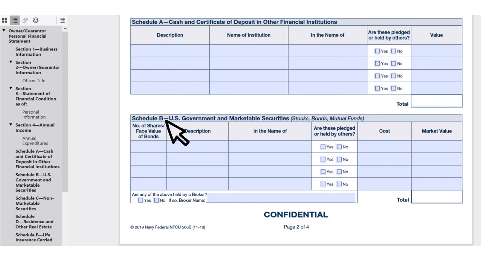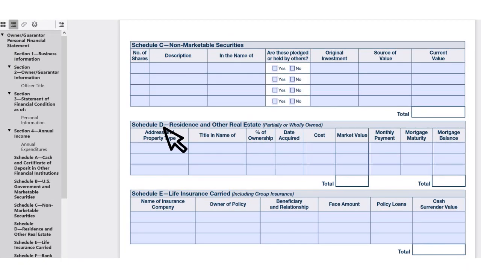So this is something you need to think about, and you need to describe what the securities are, the number of shares you have, the person who owns those shares, and you want to specify whether those assets are pledged or held by others, the original investment, the source of value, the current value. So Navy Fed again is trying to gauge your net worth. They're trying to gauge here your total assets. Okay. And Schedule D, residence and other real estate. Here also you want to put whatever real estate you have if applicable.